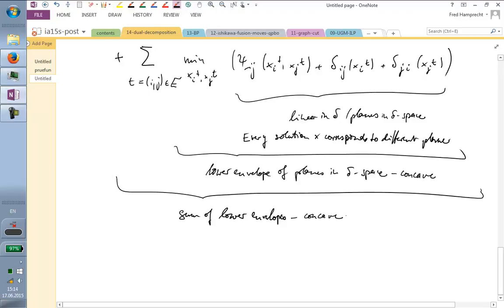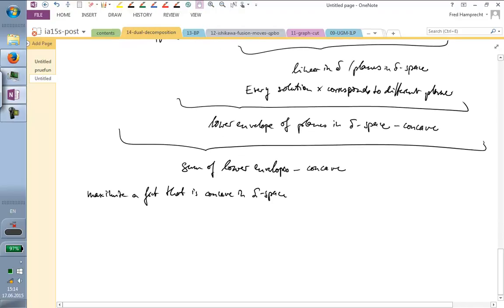And here we want to maximize this concave function. And maximizing a concave function is just as friendly as minimizing a convex function. Okay, this is a friendly problem.